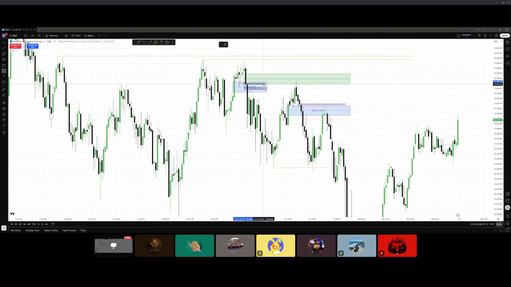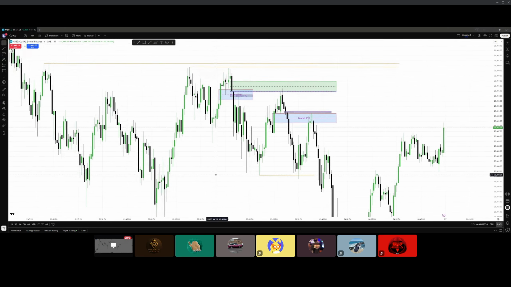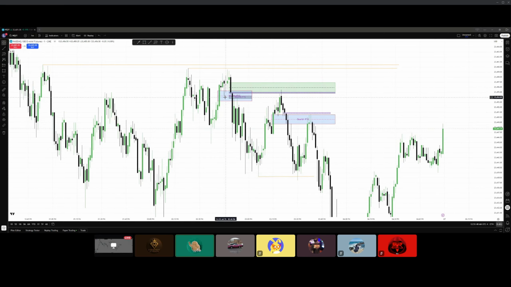And it did just that, because look what it left behind. It left behind a volume imbalance. Crazy. So you could have entered there, but it would have been a scary entry point unless you got out down here.